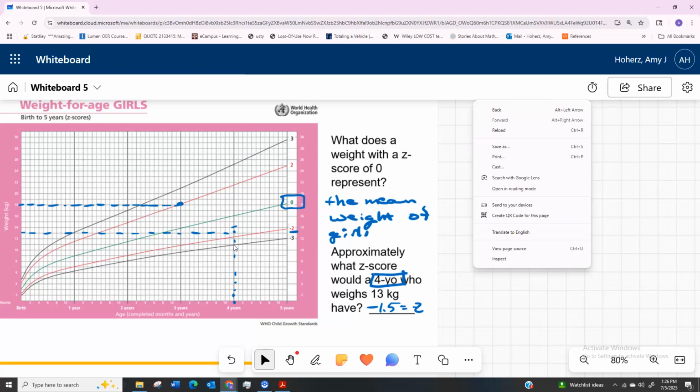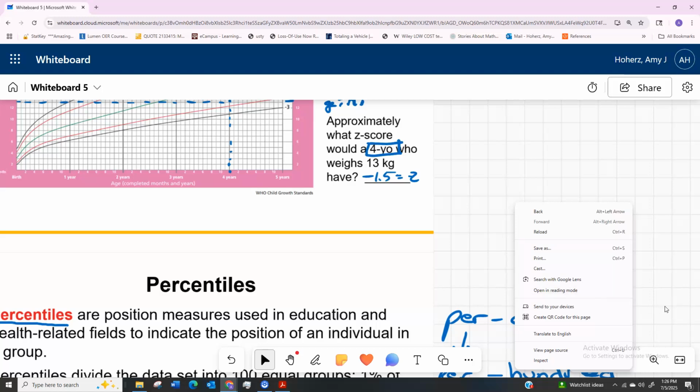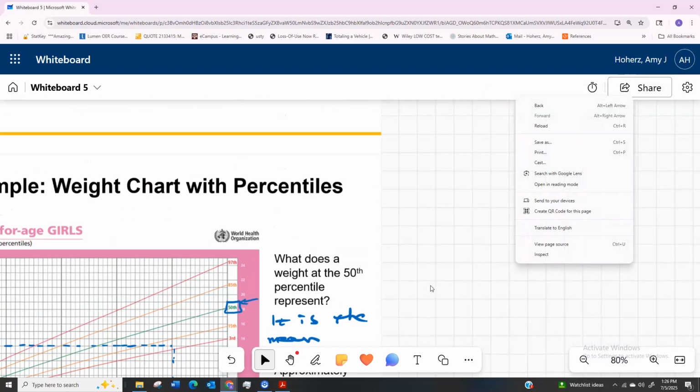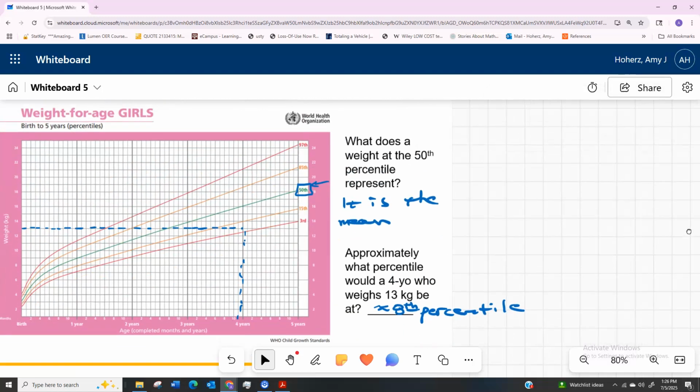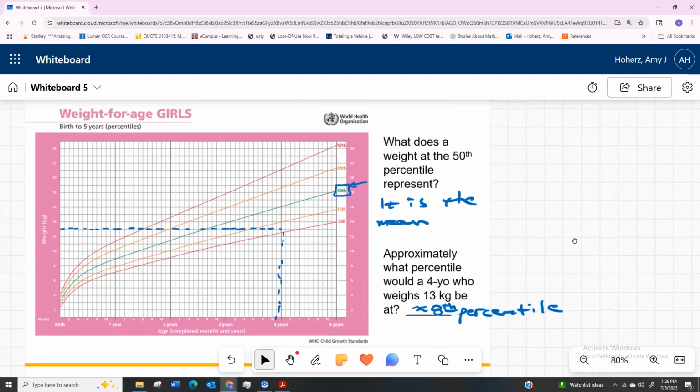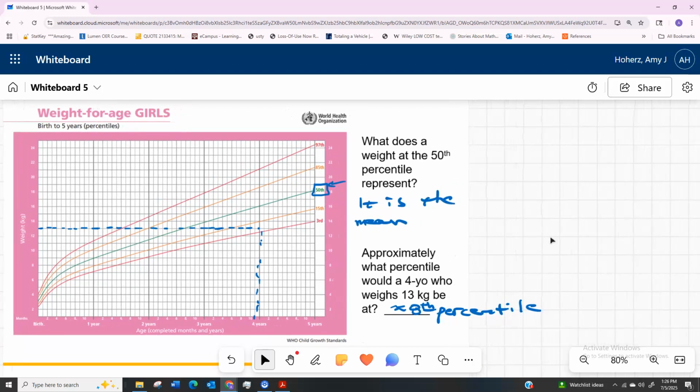Negative 3 standard deviations below average would be very considerably low, and they're at about negative 1.5. Okay, so z-scores versus percentiles, and we get the respective comparison values there.